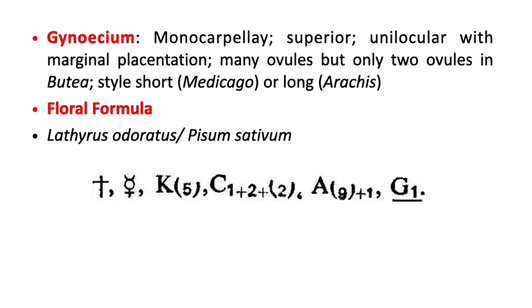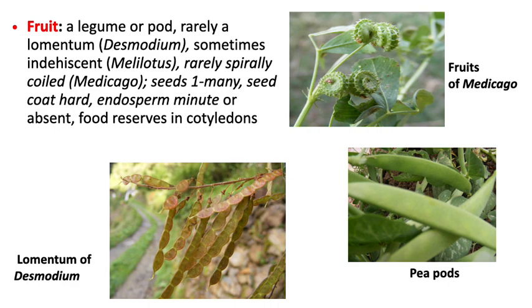C1 plus 2 plus 2 fused means papilionaceous type of corolla. A9 within brackets plus 1 means that the stamens are diadelphous. G1 with the line below means the gynoecium is superior, other floral parts inferior.